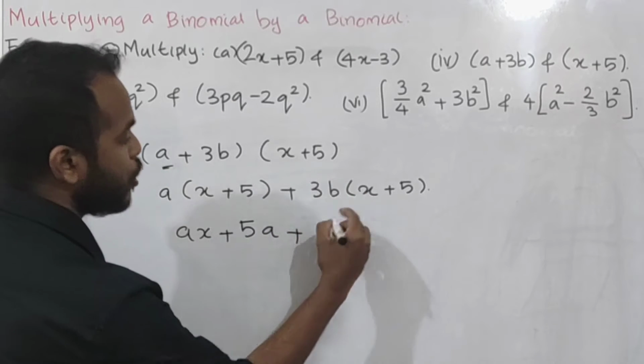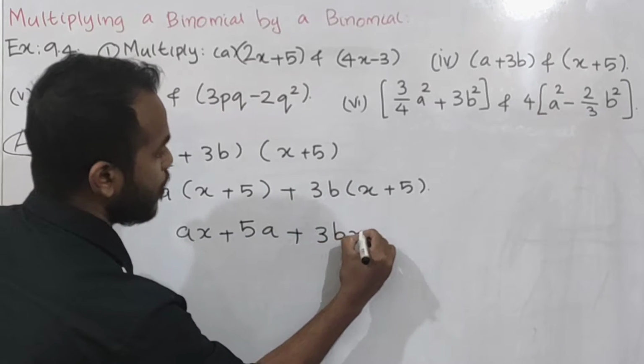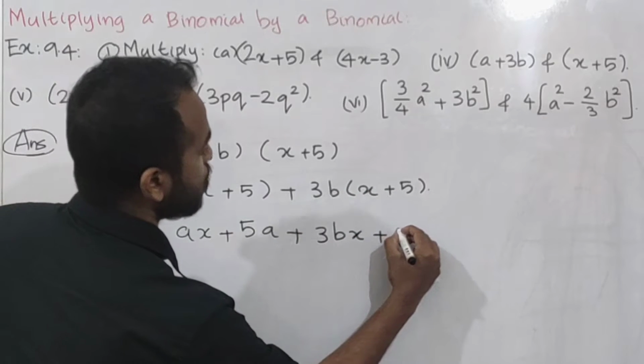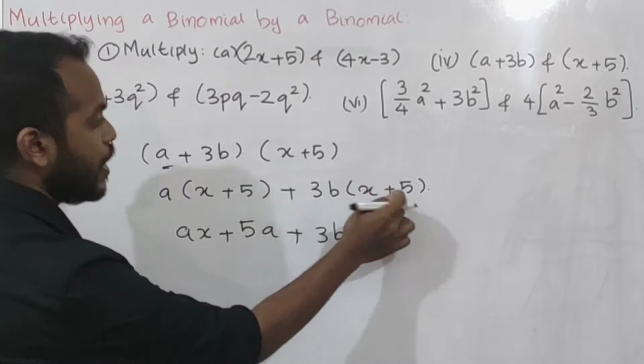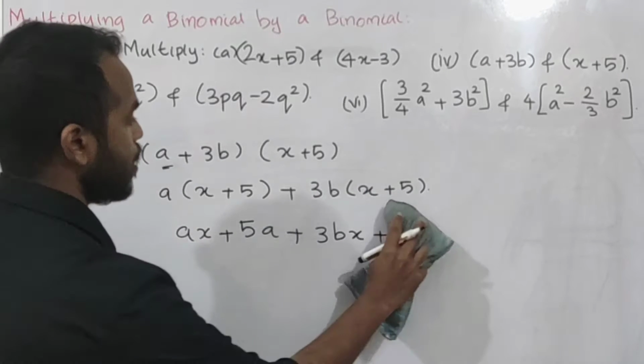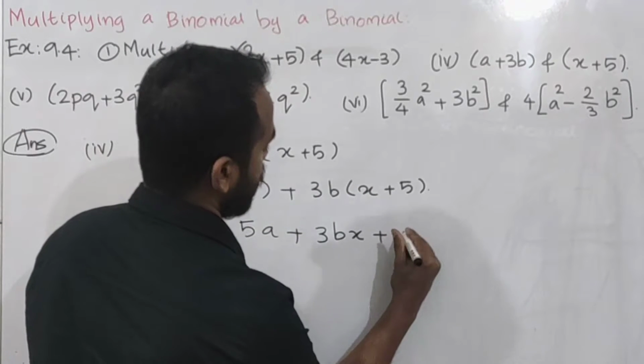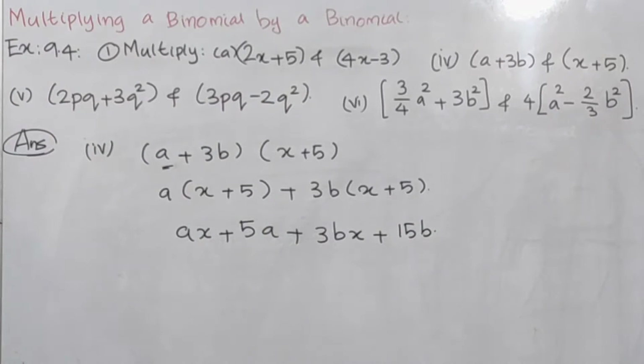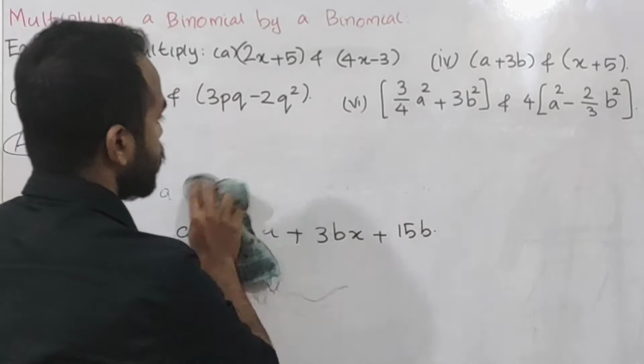Here we have 3b into x, which is 3bx, plus 3b into 5, which is 15b. Do we have any like terms? No, we do not have any like terms. So we can conclude the answer like this only.